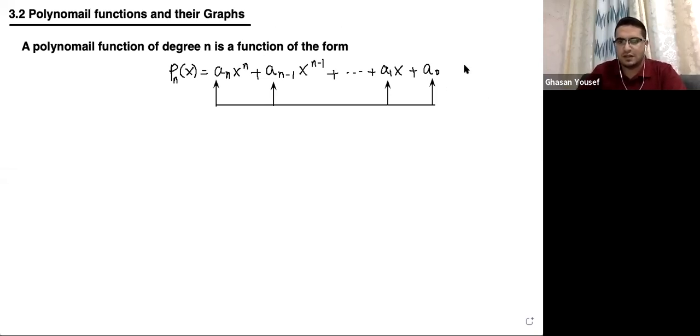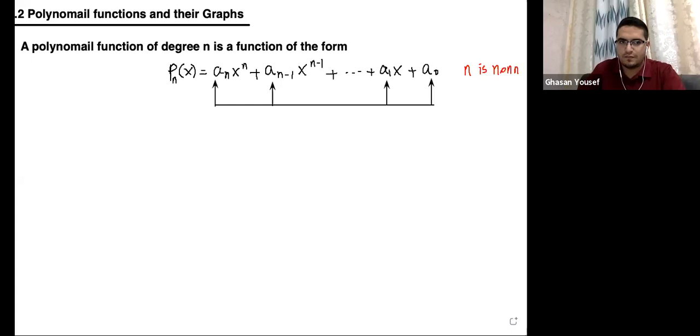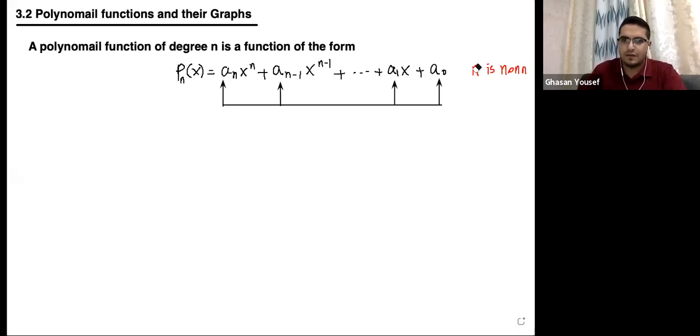So we have two conditions. n is non-negative integer. Also, we have to know a n here is not equal to 0.